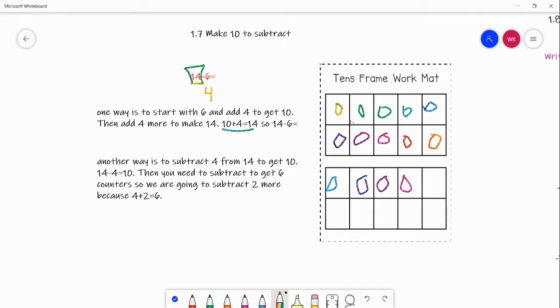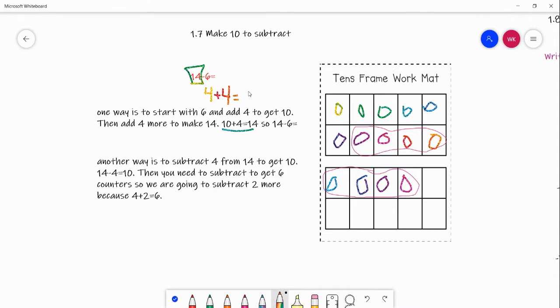Okay, so now we have the number 14, and we just added 4 right here, and then we added 4 more right here. So I'm going to go ahead and put that up here. We added 4 more. What's 4 plus 4?